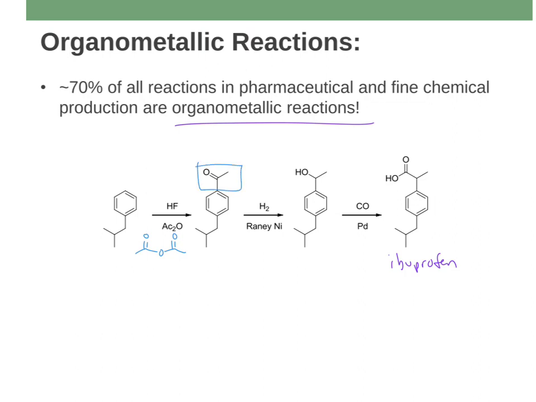But then in the next step, you have a catalytic hydrogenation, which is organometallic. We just reduced our carbonyl. We added that H and we added this H. So in the synthesis of ibuprofen, there's an organometallic reaction. And there's not one, but actually 2, because then here we've got palladium. This is actually also an organometallic reaction.